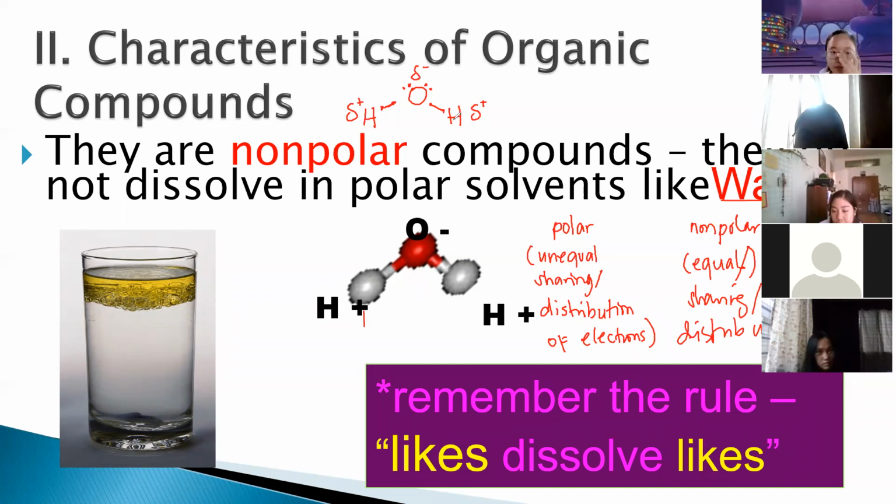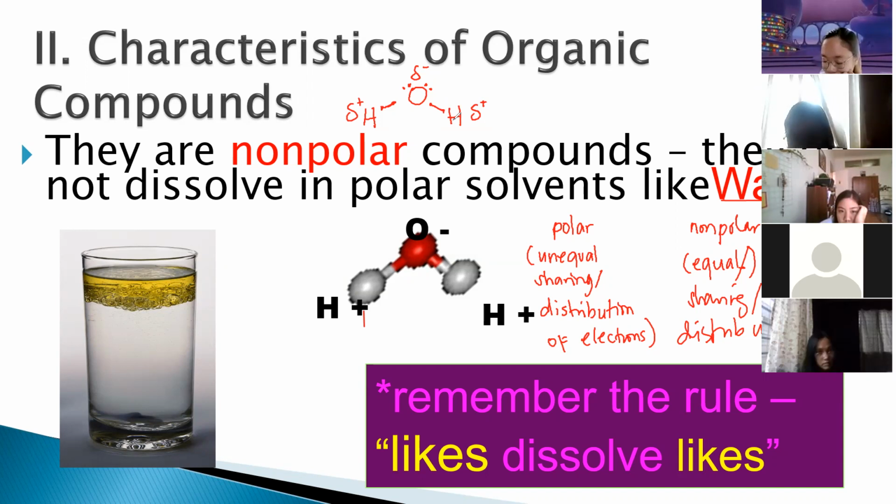So as you can see, the distribution is not equal. Not the sharing, I'm not talking about the sharing though, but it could also apply to sharing because oxygen will share 2 while hydrogen will just share 1. But nevertheless, the distribution will not be equal. That is why water is considered a polar substance.